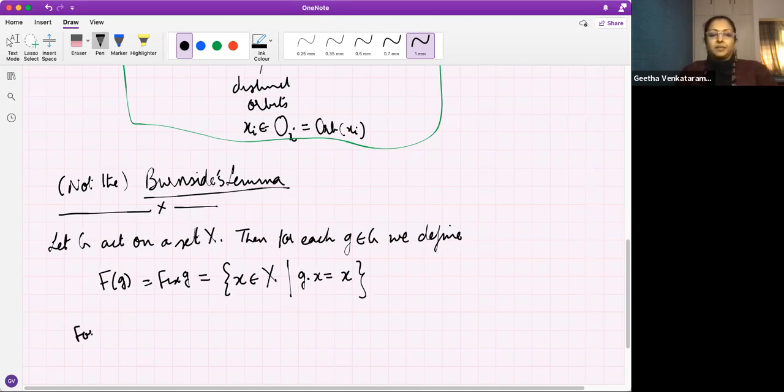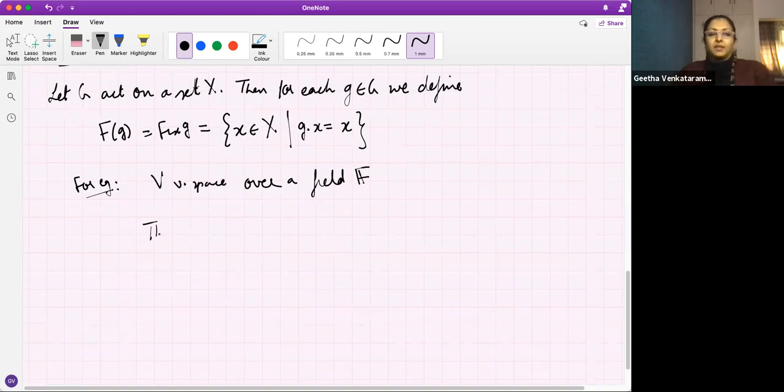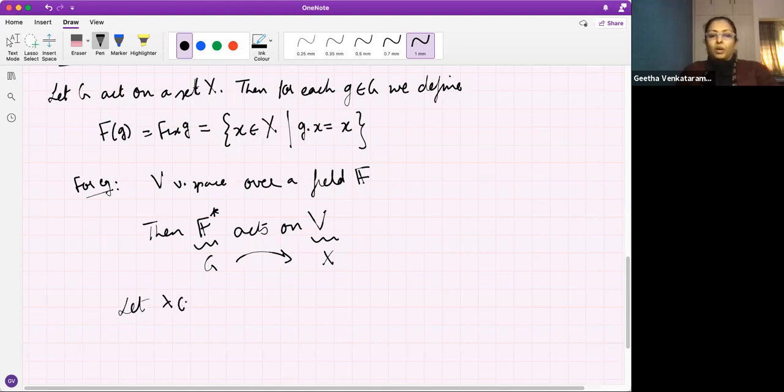For example, we saw that if we take a vector space V over a field F, then F star acts on V. So this is your group G and this is your set X. Now let lambda belong to F star, and I want to know what fix of lambda is.